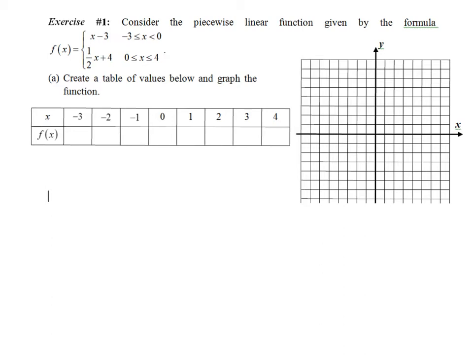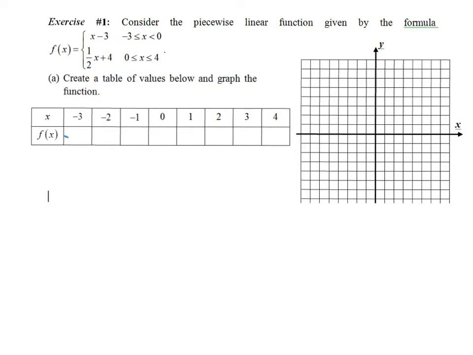So when we're creating a table of values, it's going to be necessary for us to decide if the input value is part of the first function or the second function. So when I look at the input value of negative 3, I see that negative 3 is part of the first function. So I'm going to substitute negative 3 in for x.